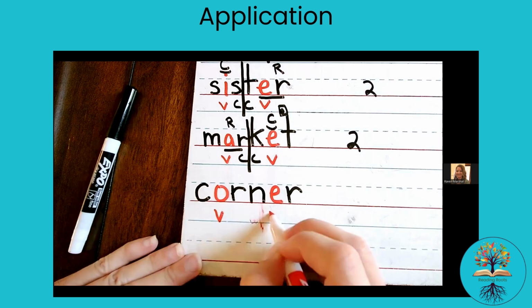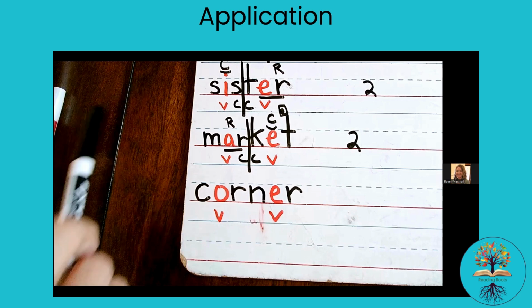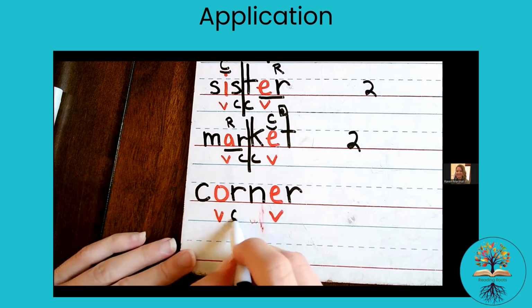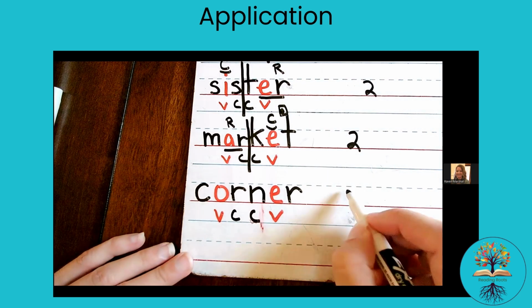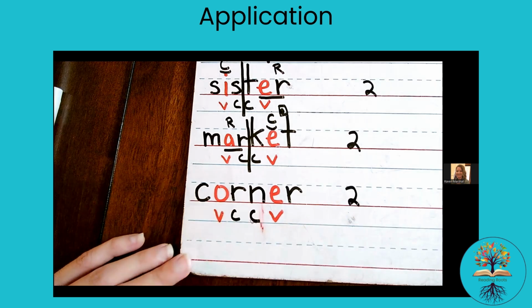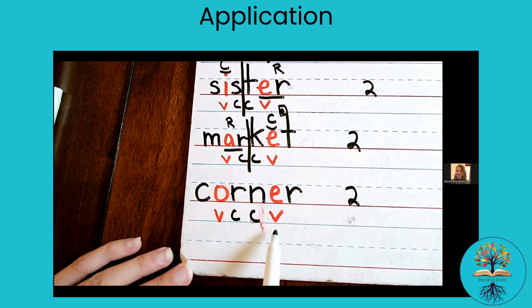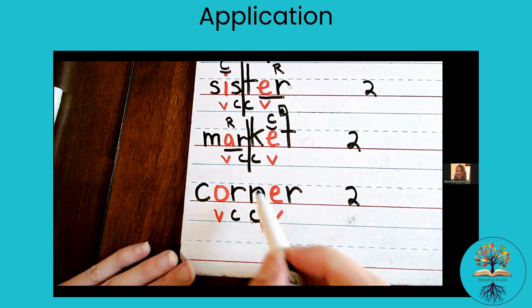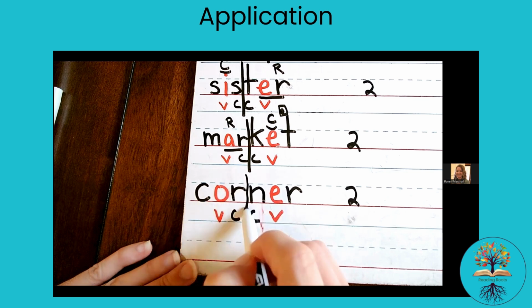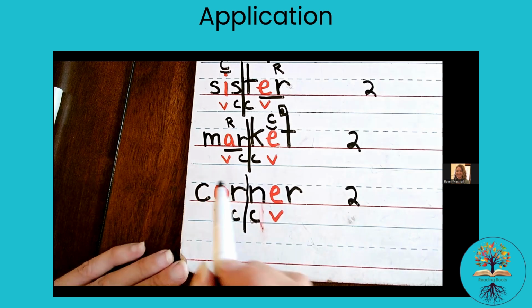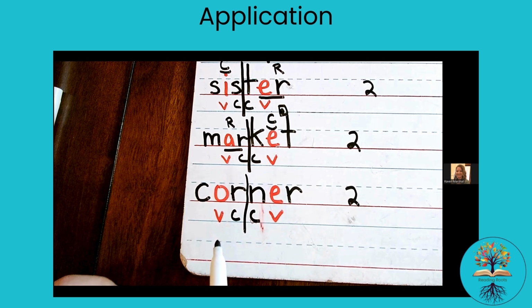Marking my vowels, marking my consonants between the vowels. There are two syllables because I have two vowels or two vowel sounds. I recognize this pattern. This is our easy pattern. And I know I'm going to divide this word between the two consonants. Let's look at the first syllable. What type is it?